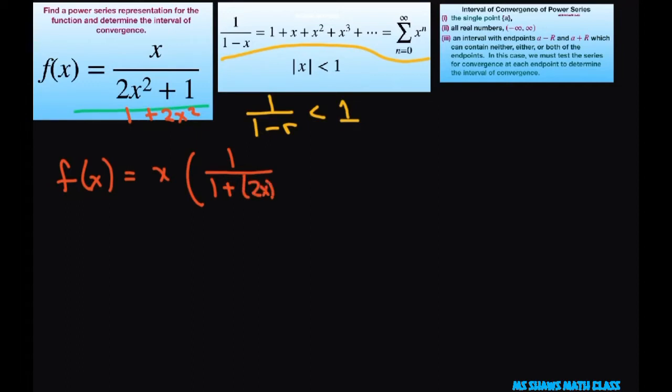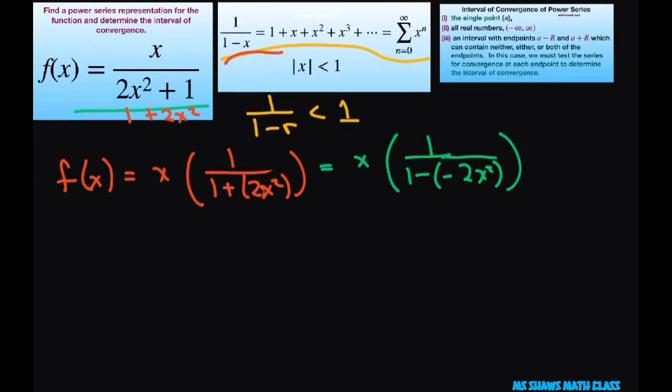Let's put the square on the inside, 2x squared. For our equation, we need a negative. So let's rewrite this as x times 1 divided by 1 minus a negative 2x squared, and that's to the nth power. Well, let's write it like that.